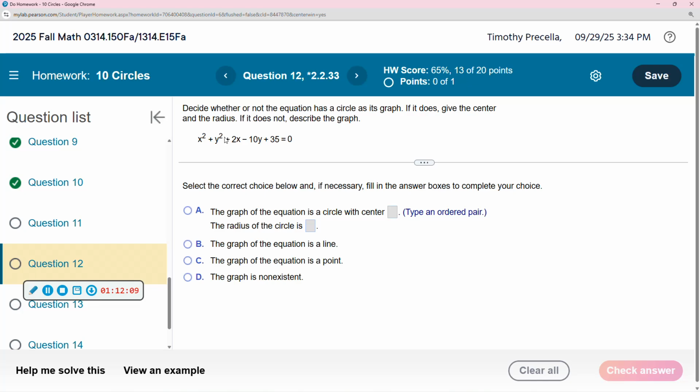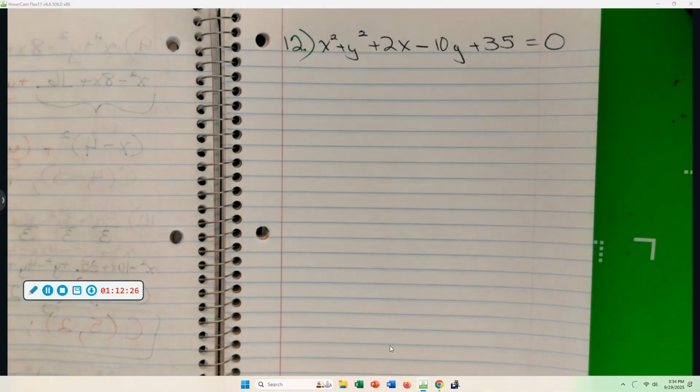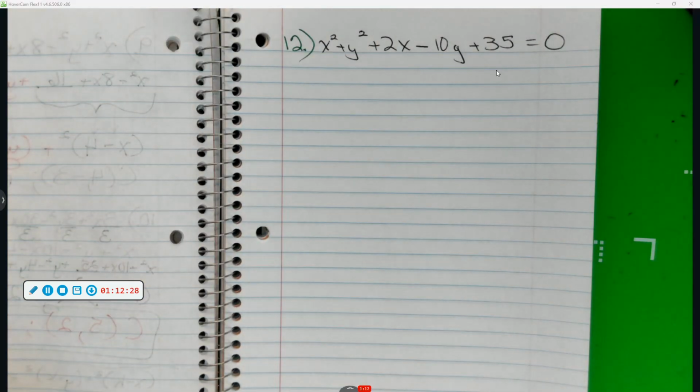That's when you decide: is it a circle, a point, or non-existent? You go through completing the square, and at the end, if the radius is positive, it's a circle. If the radius is 0, it's a point. If the radius is imaginary, it's not even a point.